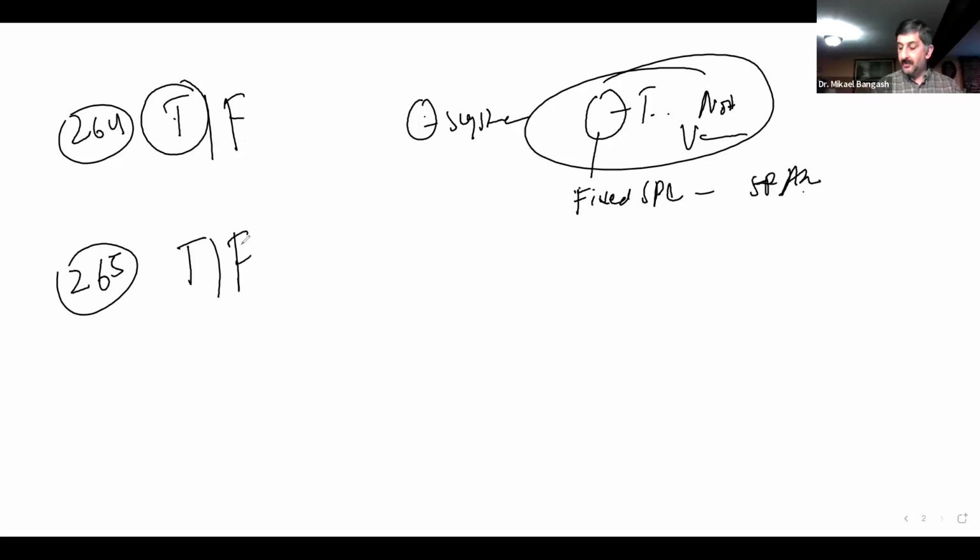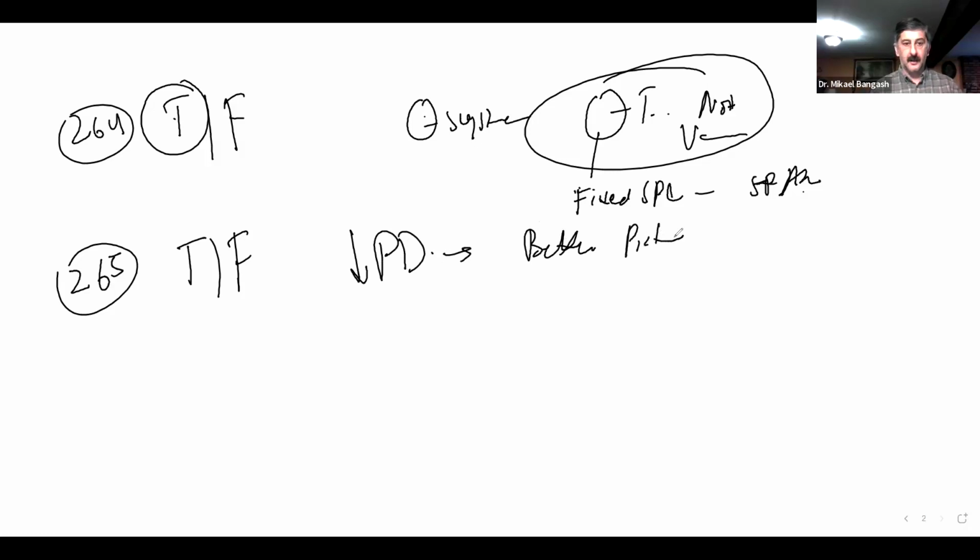Next question is true or false. Shorter pulse duration, better picture. So with a shorter pulse duration, do you have a better picture?